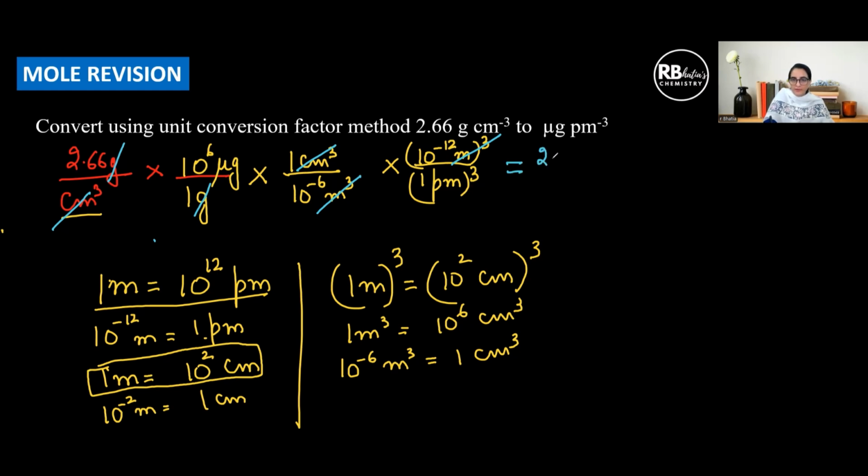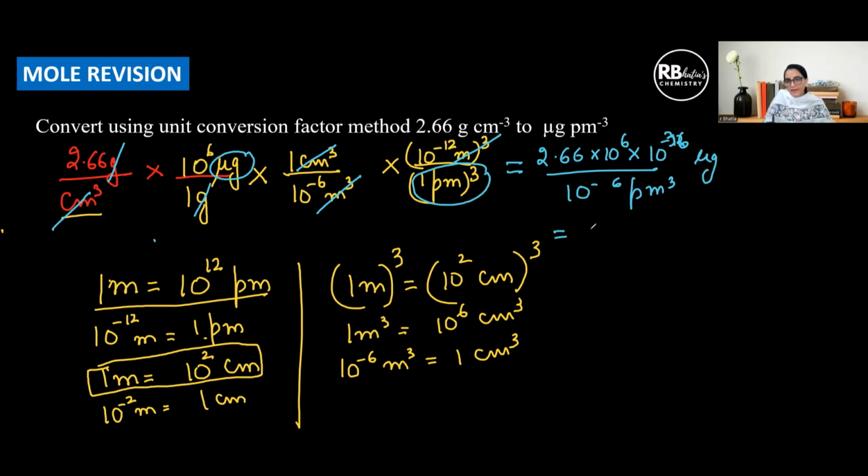So finally, what are the values that I'm left with? 2.66 into 10 to the power 6 into 10 to the power minus 12 cube, which will make it 36. In the denominator, I'm left with 10 to the power minus 6, and the unit left is picometer cube. In the numerator, the unit left is microgram.